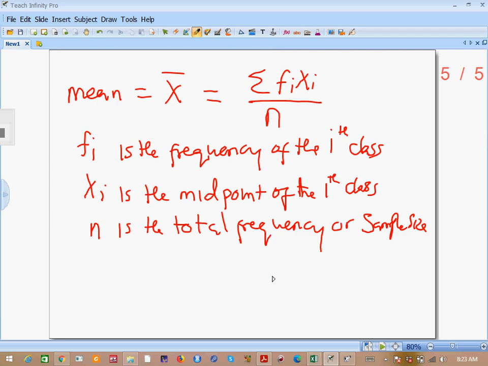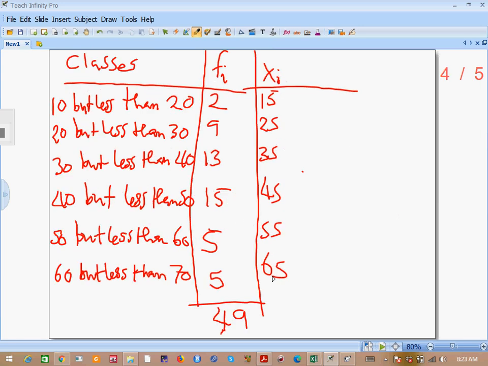Okay, so remember from the formula, we need to multiply Fi by Xi and then get the sum. Therefore, we're going to have another column of Fi multiplied by Xi. So that is 2 for the first class, 2 multiplied by 15, and that is 30.